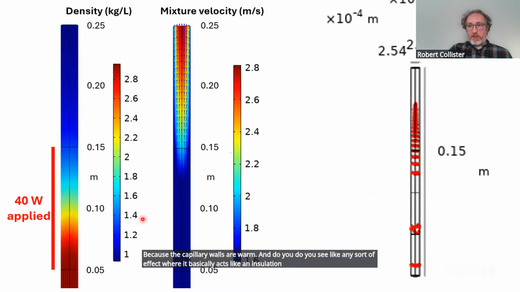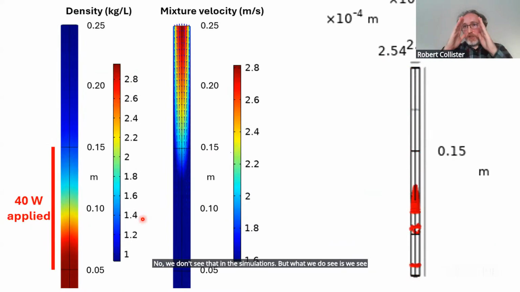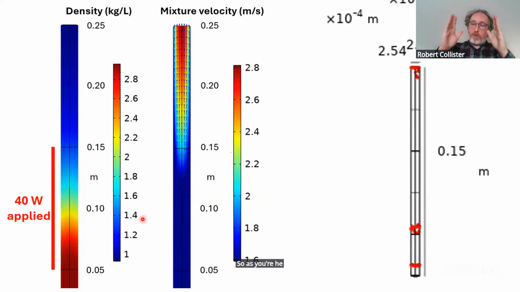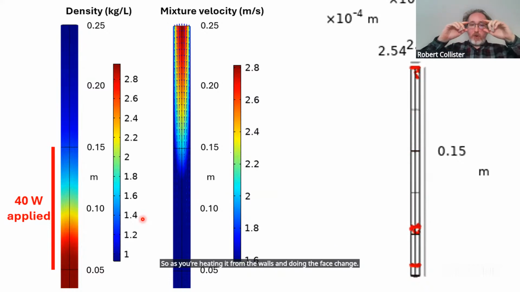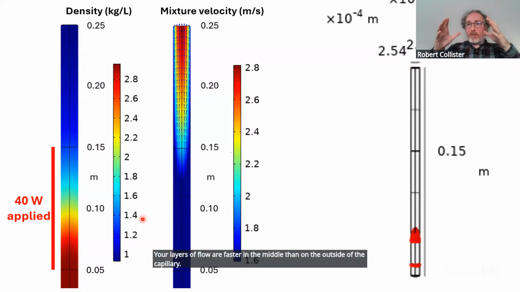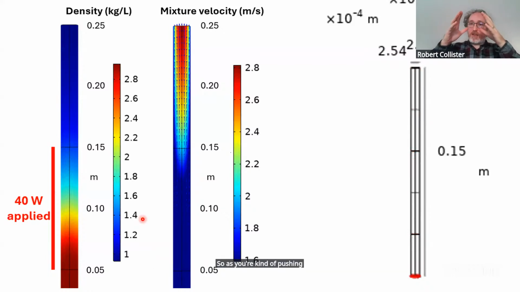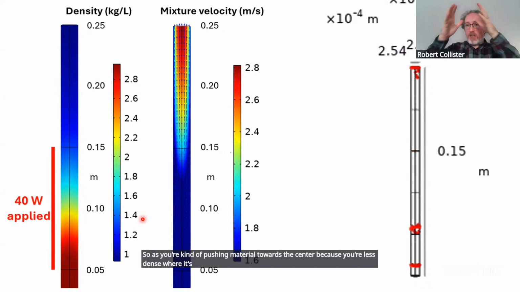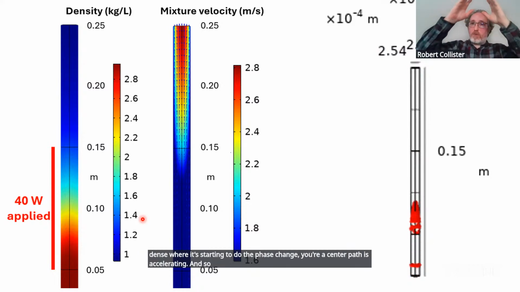But what we do see is a convergence of the flow towards the center. As you're heating it from the walls, doing the phase change, your layers of flow are faster in the middle than on the outside of the capillary. So as you're pushing material towards the center, because it's less dense where it's starting to do the phase change, your center path is accelerating, and you're drawing everything towards it as well.